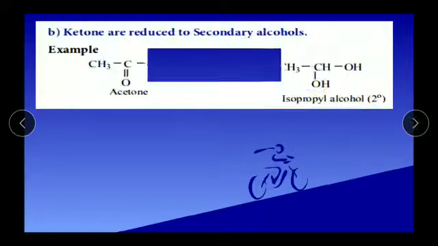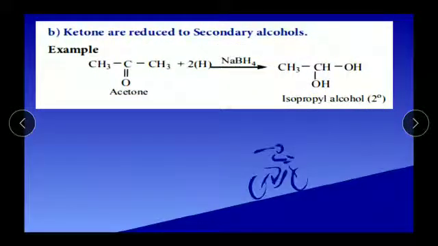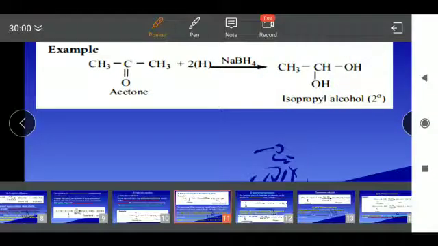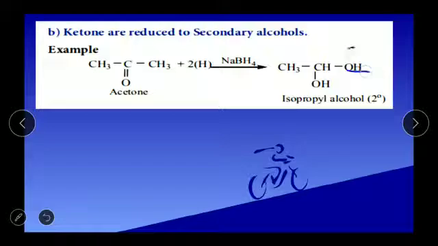Ketones are reduced to secondary alcohol. Now we take the example acetone, CH3C double bond O CH3. It is reduced to isopropyl alcohol, a secondary alcohol.